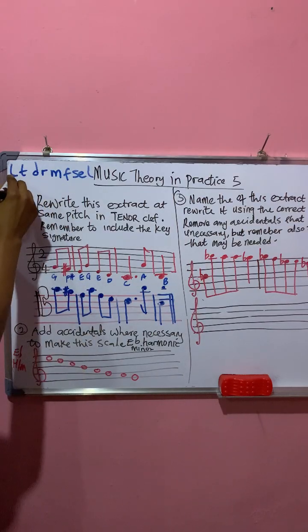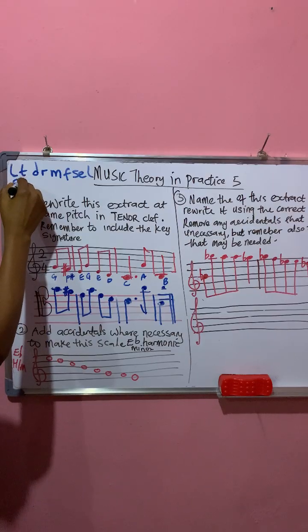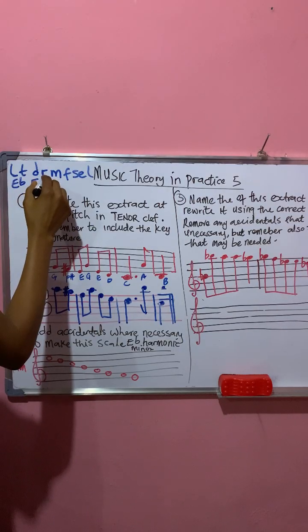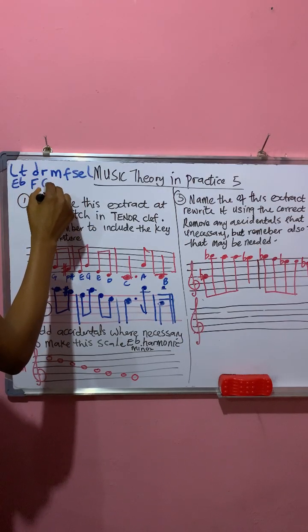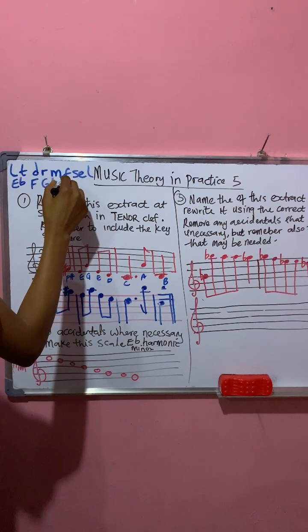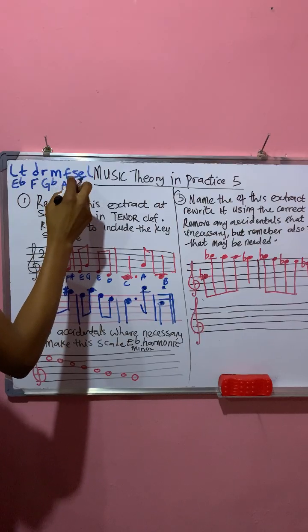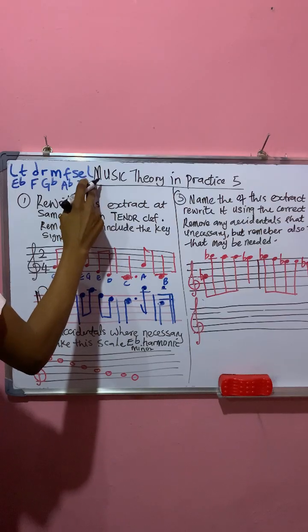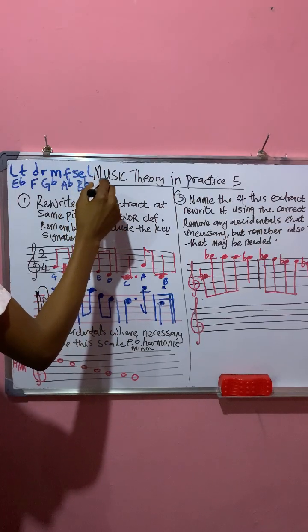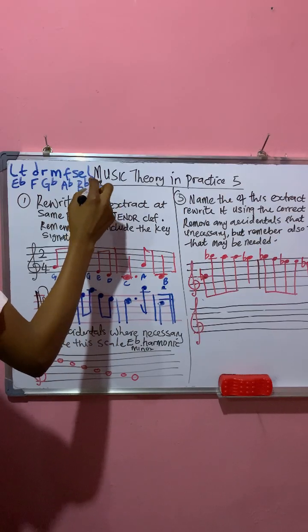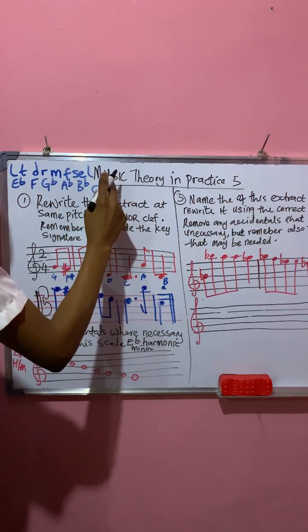Okay, so E flat is going to be E flat as La, Ti, Do, Re, Mi, Fa, and Si.